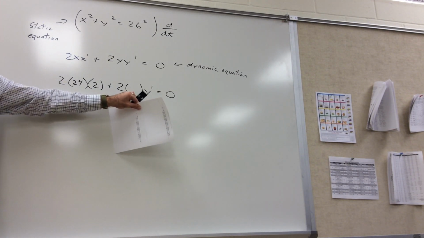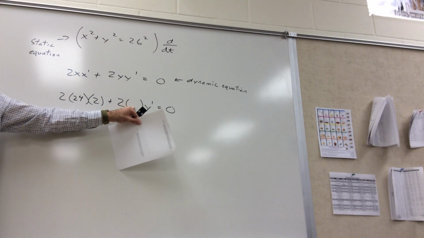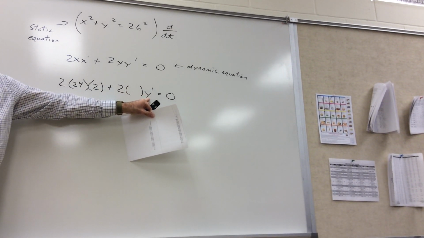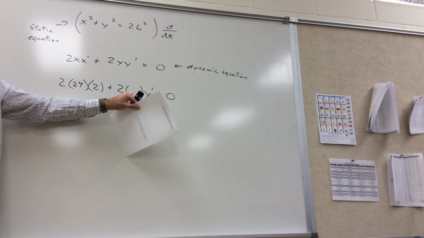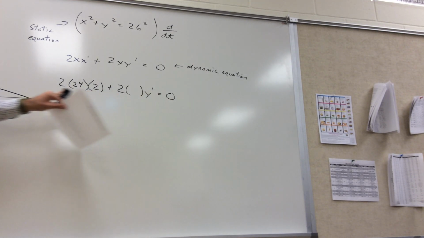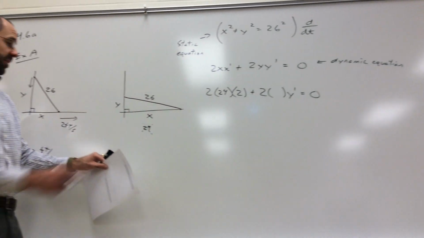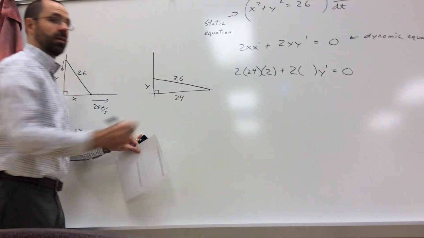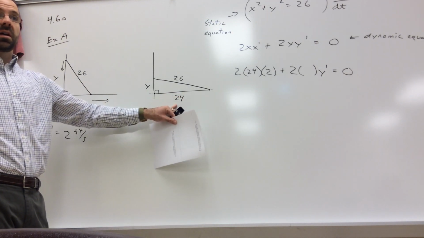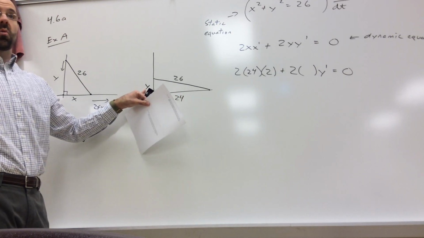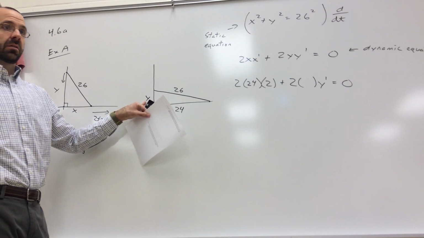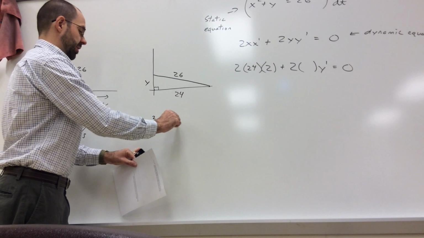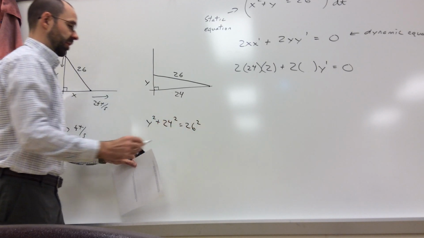So we just have one more thing to fill in. We need to fill in the y, and then we'll be able to solve for this y prime that the question's asking about. So we've got to figure out a number to fill in there. And the way we're going to figure that out is, at the moment the problem's talking about, that's a 24. And so we can use the Pythagorean Theorem to figure out what the y is at that moment. So y squared plus 24 squared equals 26 squared.